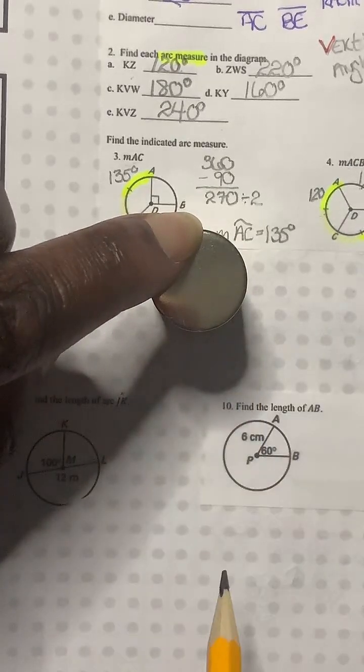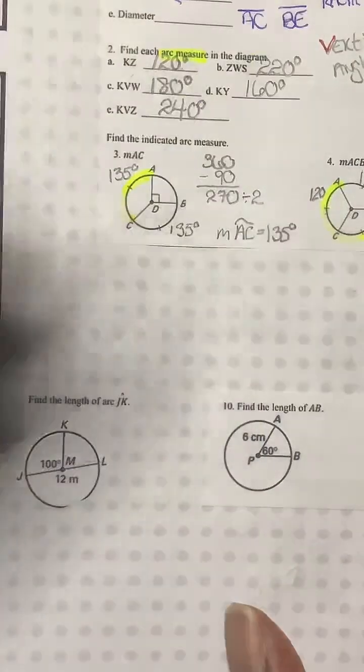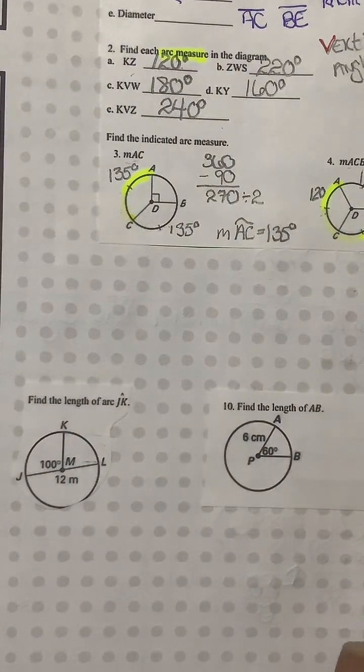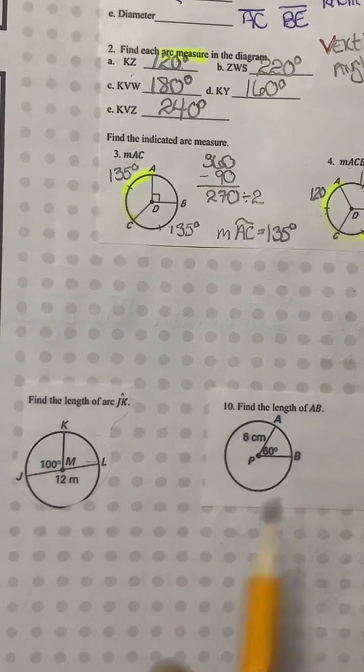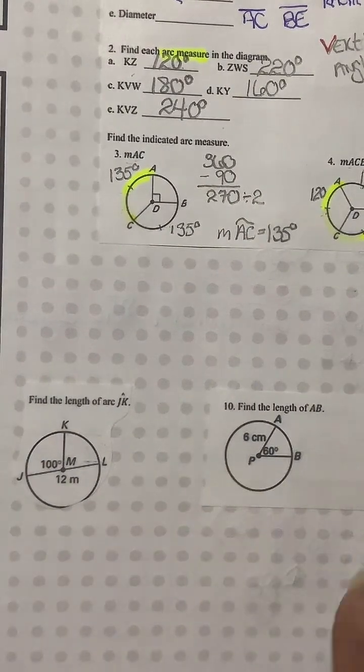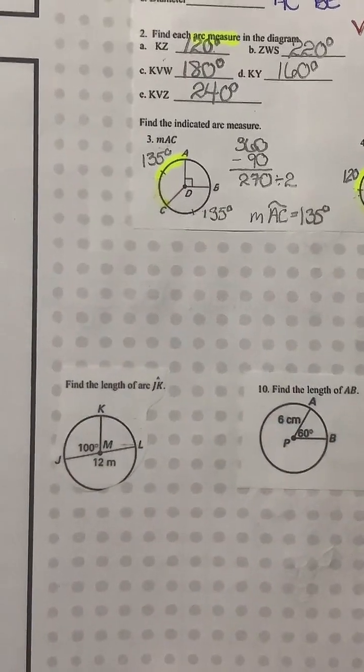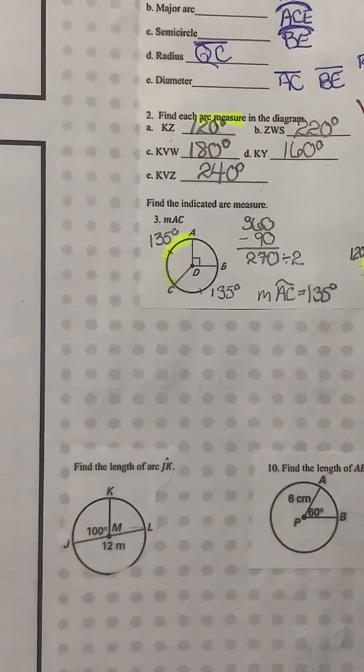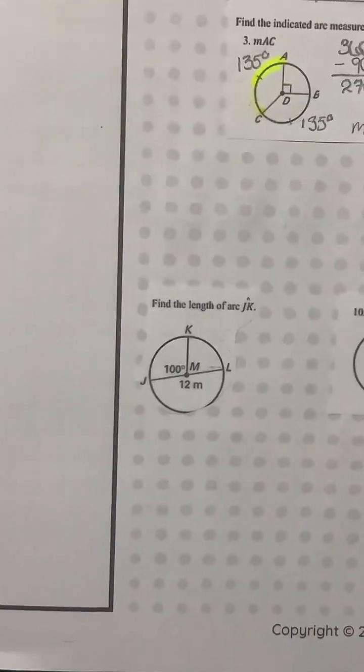That's arc length. So we're taking a piece of our circle to figure out what is that arc length. So this is when it gets all kinds of fun.